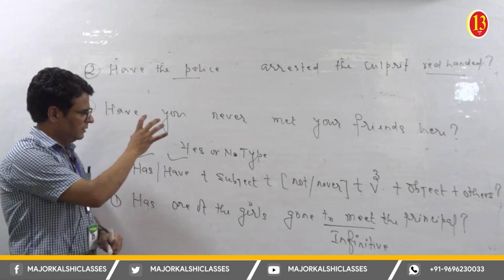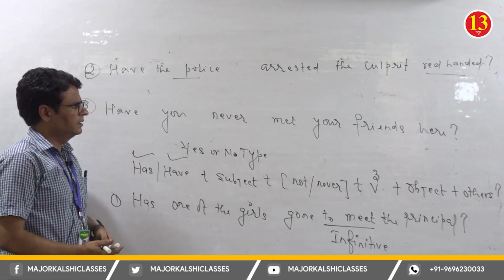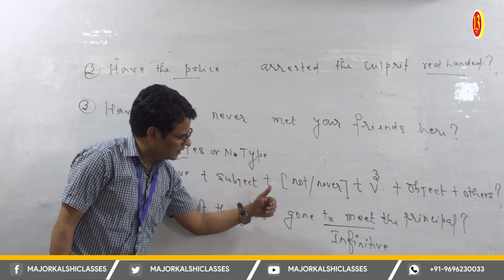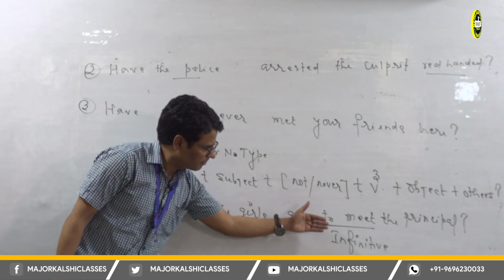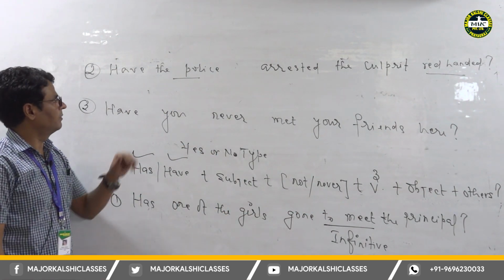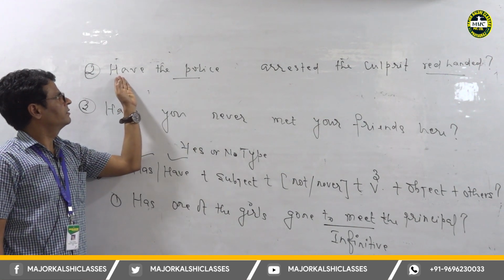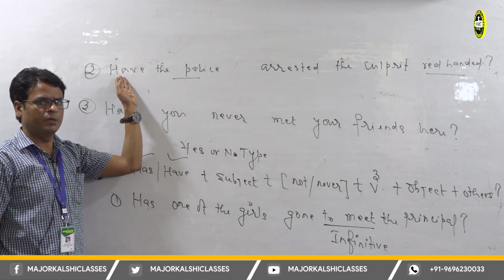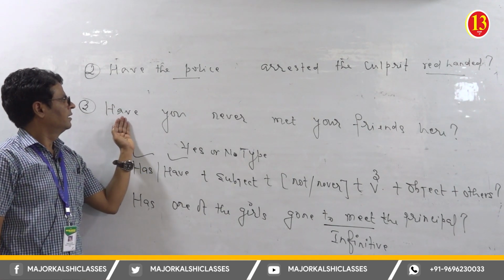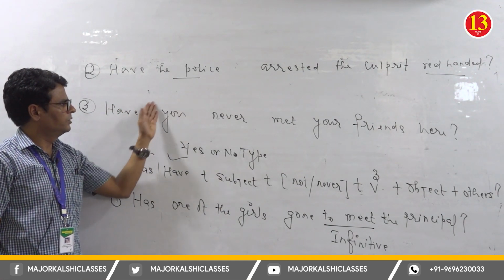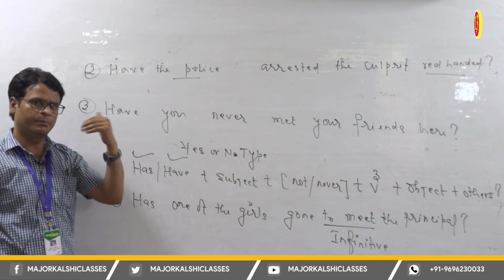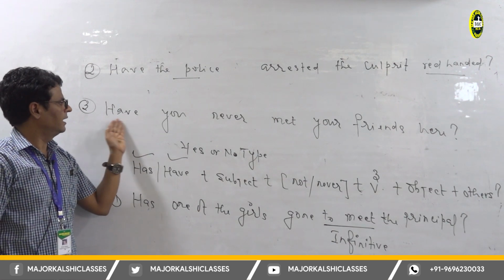I hope these things will be clear in your mind. I gave you a little bit of information about infinitive, so keep it in your mind. And with police, we need auxiliary have, not has, because police is a collective noun and it is plural. And you see, you is your subject and it is a pronoun, and you is plural, so I use have.